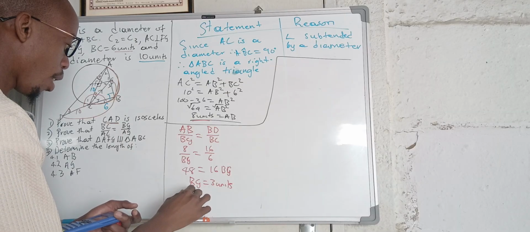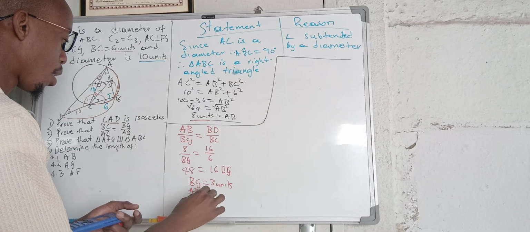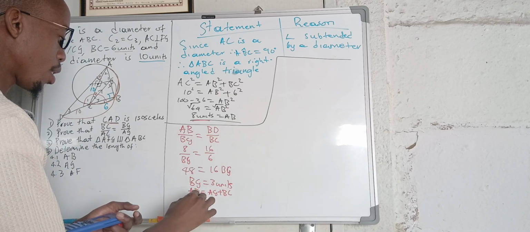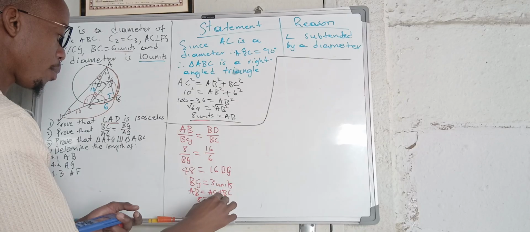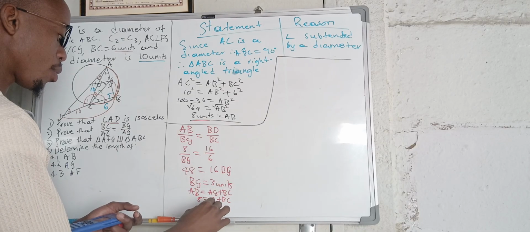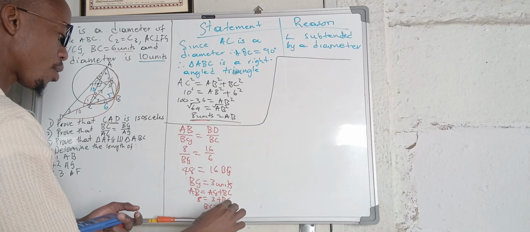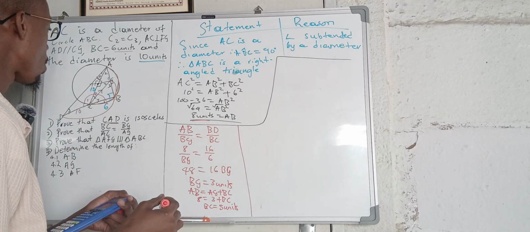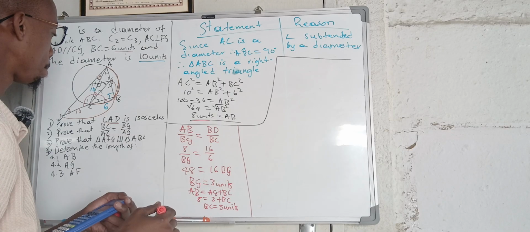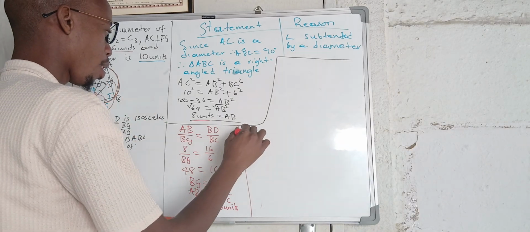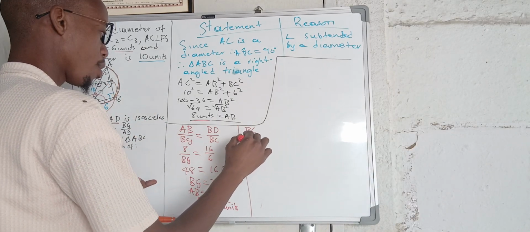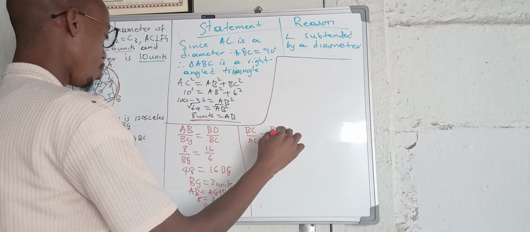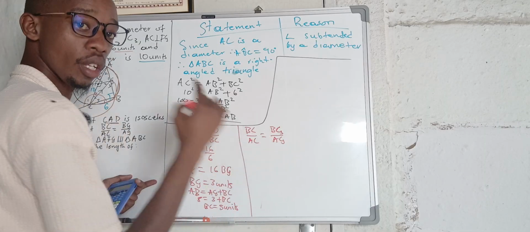Check, AB is equal to AG plus BG, which is 8 equals AG plus 3, and then AG is going to give me 5 units. Cool. Now, BC over AC is going to be BG over AG.